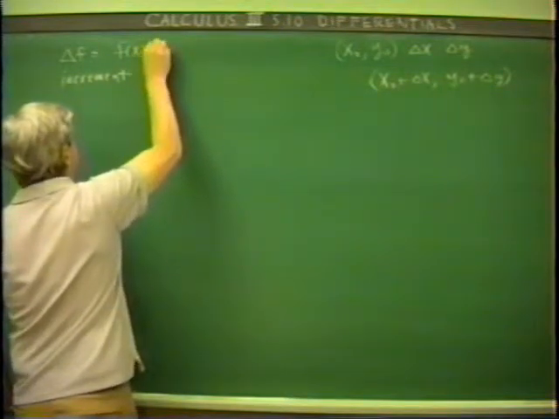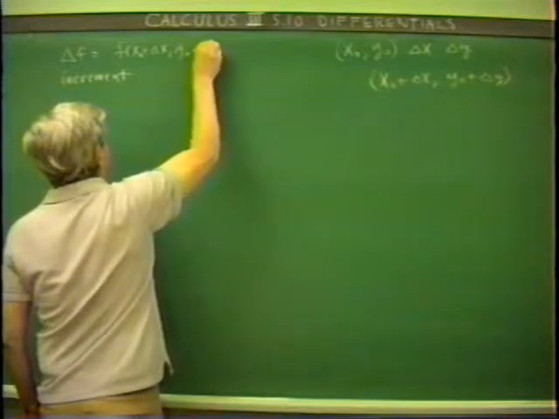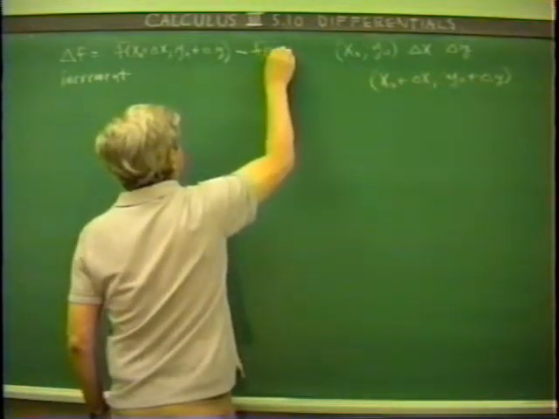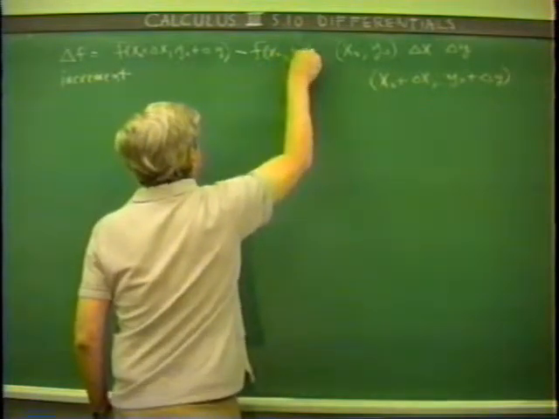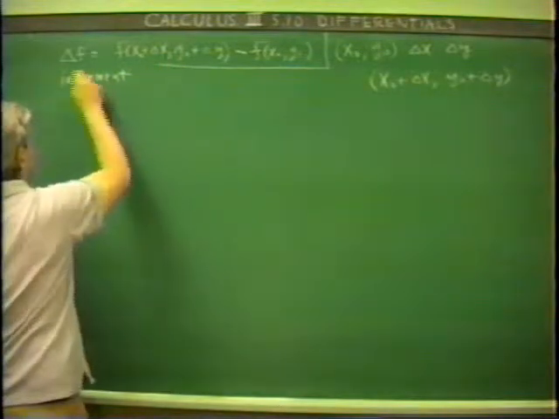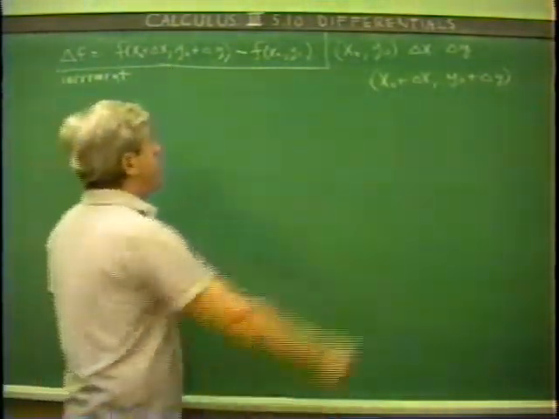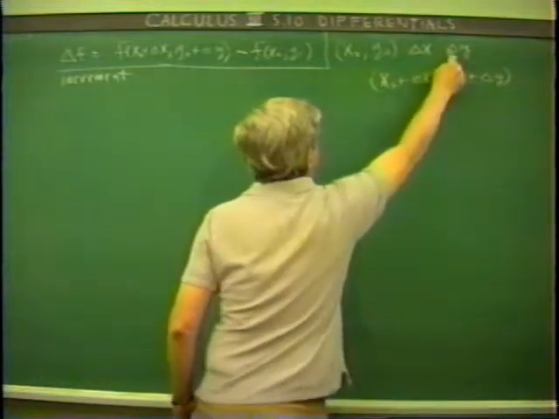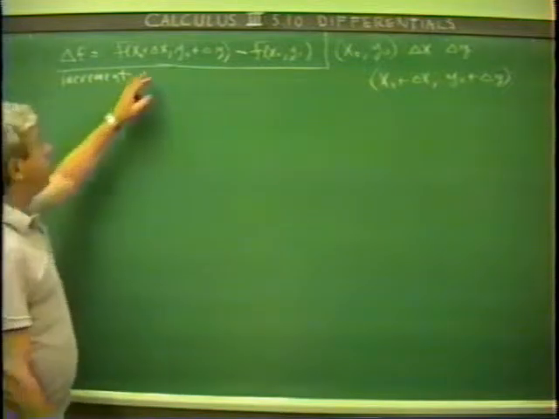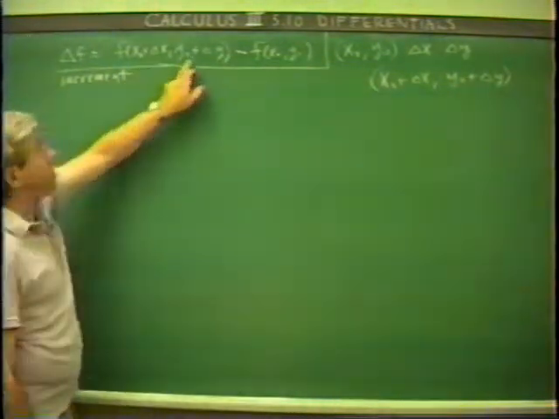To be equal to f of x naught plus delta x, y naught plus delta y minus f of x naught, y naught. Right? The thing to note about this quantity is that it depends on 4 things: x naught, y naught, delta x, and delta y.